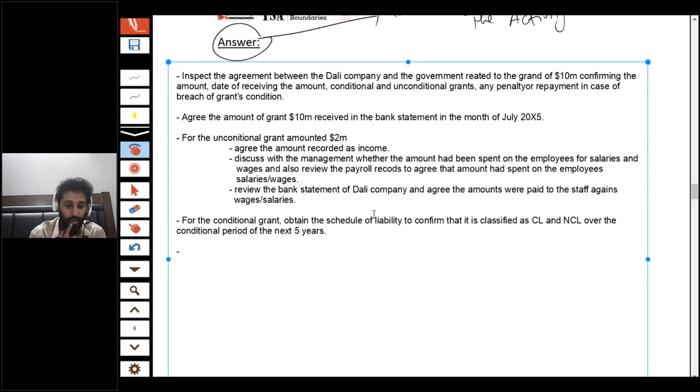Now, the next procedure should be you should review or discuss with the management what their plans are, and in that case, you need to review their documentation and also ensure that their assumptions to operate for the next 5 years are based on rational reasons, I mean logical or sensible reasons. It should not be a fantasy, it should not be a hypothetical assumption that I woke up in the morning and decided, yes, I will be staying in that area in the next 5 years. Not at all. You should have a complete detailed plan, right?